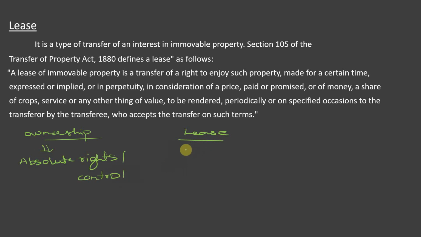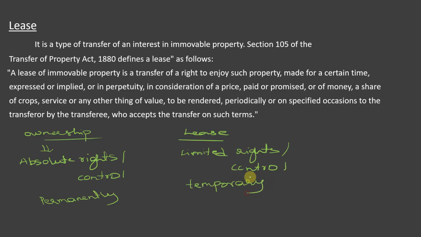But in lease, the lessee or transferee will have only limited rights and interest, limited rights and control. The owner shall have the possession of property permanently, and here it is only for a temporary period. We have already understood that a lease will be given for a certain time.